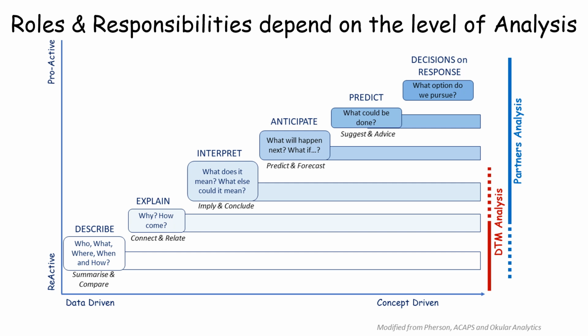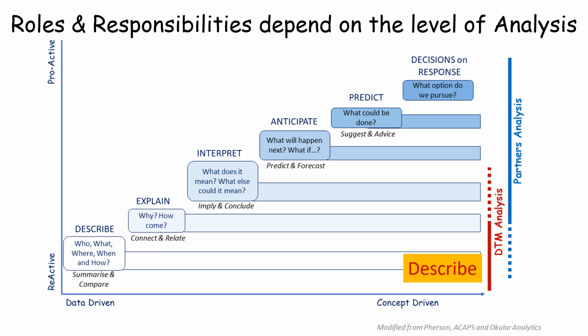It is useful to think of analysis in humanitarian context as composed of different levels. Each level of analysis builds on the previous one, answers specific questions, and is performed by people with specific skill sets. For example, the first level, describe, is often done by the information management officers.